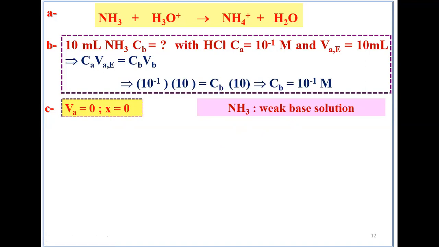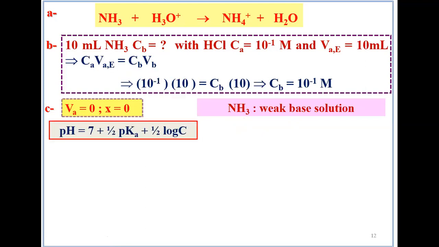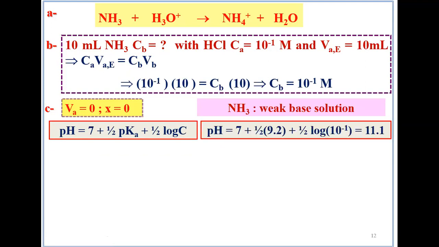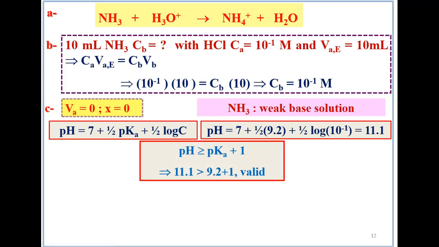How do you get the pH of a weak base? Yes, of course. It's going to be 7 plus half pKa plus half log C, if and only if, after I put in the concentration and the pKa value, since they gave me pKa values, the pH of the result is greater than pKa plus 1, then this equation is valid.